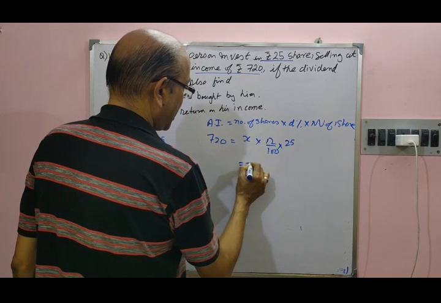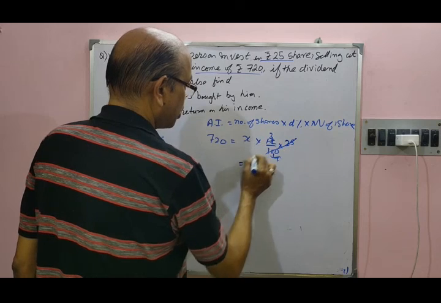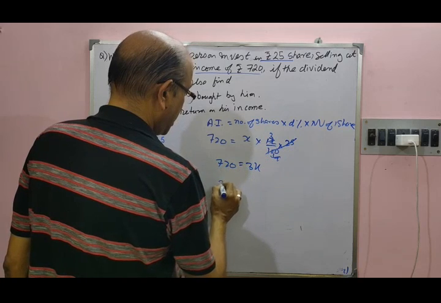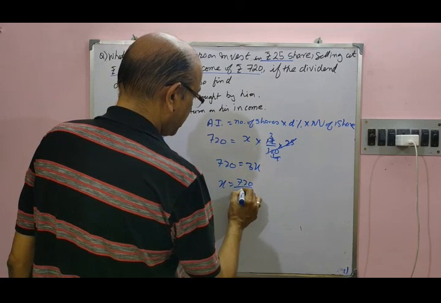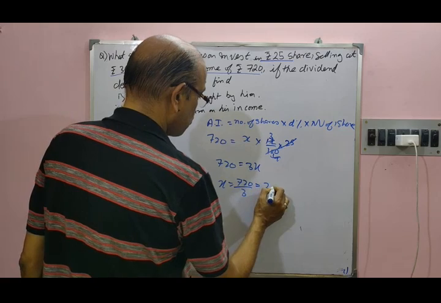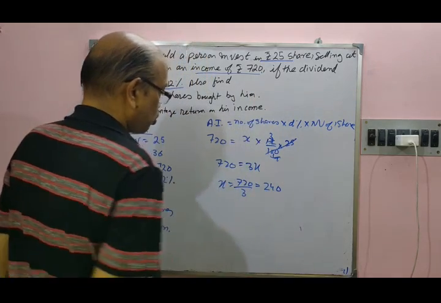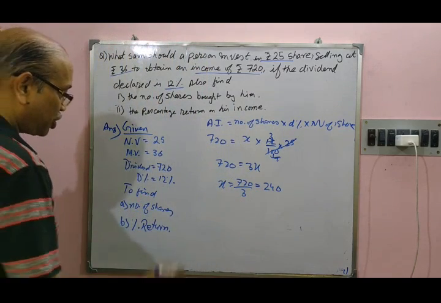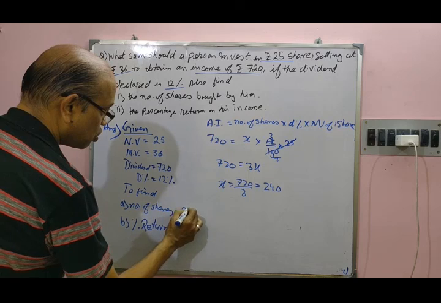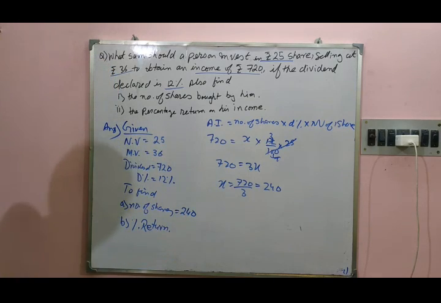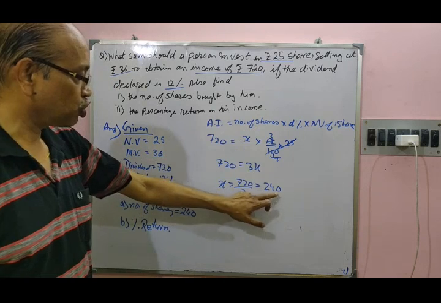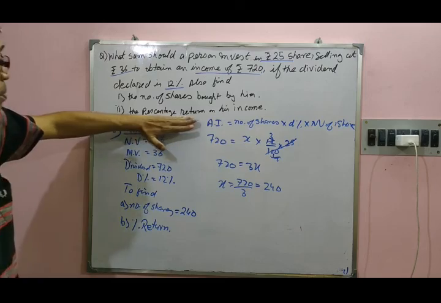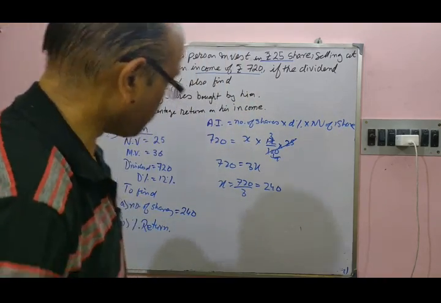So X times 3 equals 720, X equals 720 by 3, which is equals to 240. So number of shares is 240. X was the number of shares. Now we have to find the percentage return.